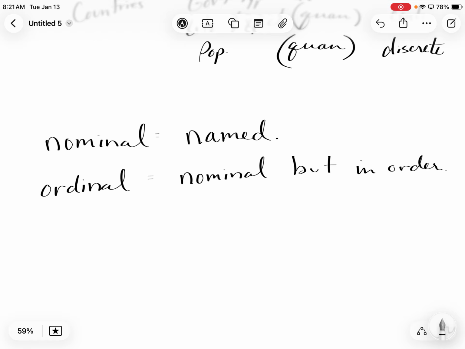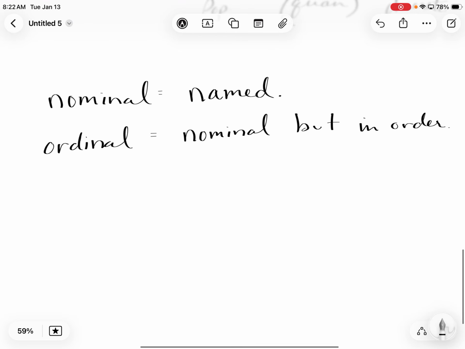An example would be how our government is with our president, vice president, Speaker of the House. There's a rank order there, where it goes from the top down. If you're in a monarchy, king, queen, prince. President, vice president, those are ordinal, because they're still named things. However, there is a specific order that they have to follow. Okay, does that make sense for ordinal? All right. Then the next one.